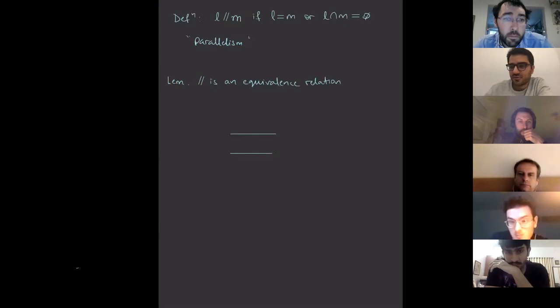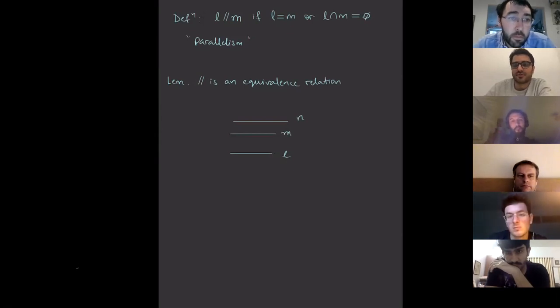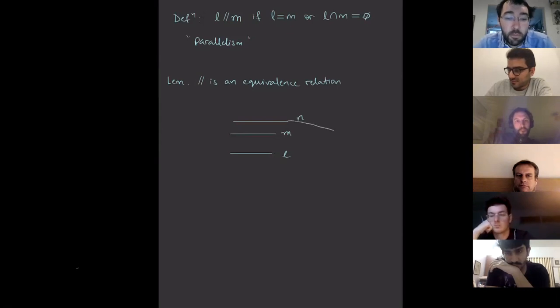So if you have three lines, let's draw three lines, say L, M, and N, such that L is parallel to M, and M is parallel to N, then you have to show that L is also parallel to N. And say this wasn't the case, say somewhere down here they did meet, then you will run into a problem.